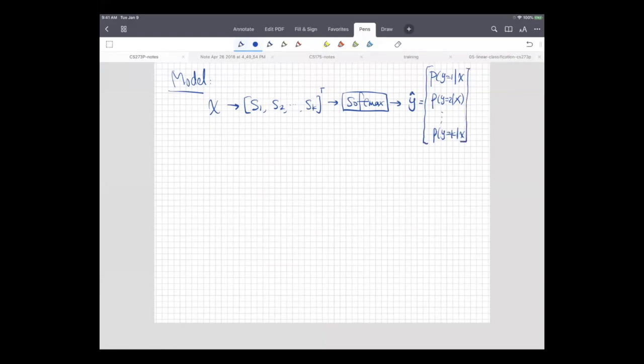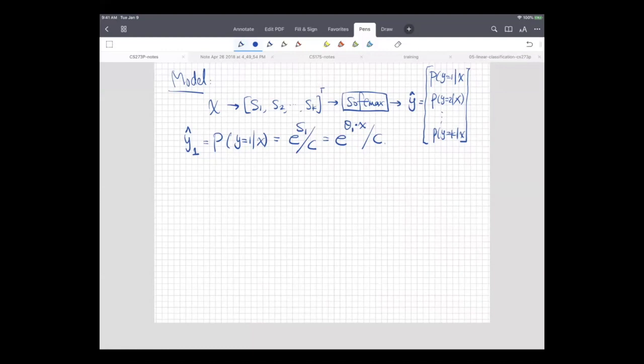And in particular, P(y equal to 1 given x). So that is y hat. The first component of that is simply the softmax: e to the S1 divided by a constant. So S1 is essentially e to the theta 1 dot x divided by a constant.